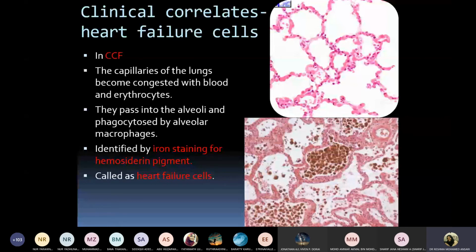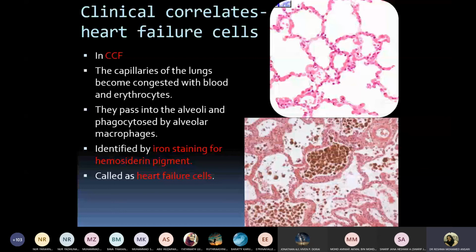In a heart failure patient, the capillaries of the lung become congested with blood and erythrocytes. In which heart failure, right or left, will you find this type of lung? Left. Yes, very good. In left heart failure, they then pass into the alveoli and are phagocytosed by the alveolar macrophages.